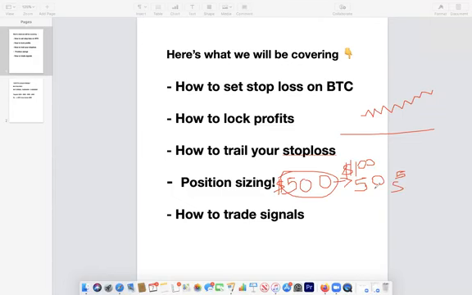Coin B might give you 20% because that one you felt like you bought it with more money, so you can allow it to run for a longer period of time. It gives you 20% profit. Coin C will give you 10% profit, right? Coin D might give you 5% loss, and coin A might give you 5% loss.